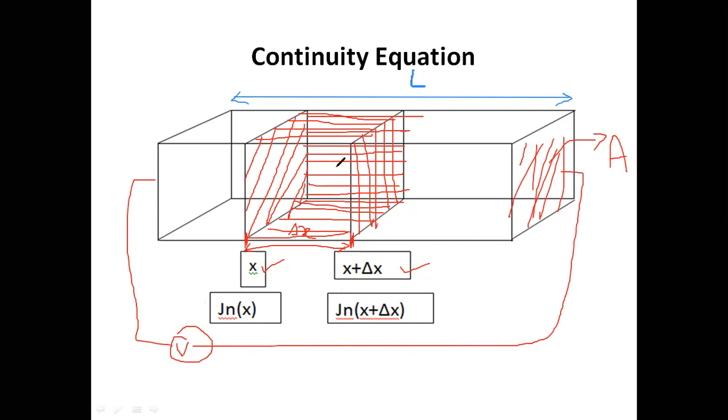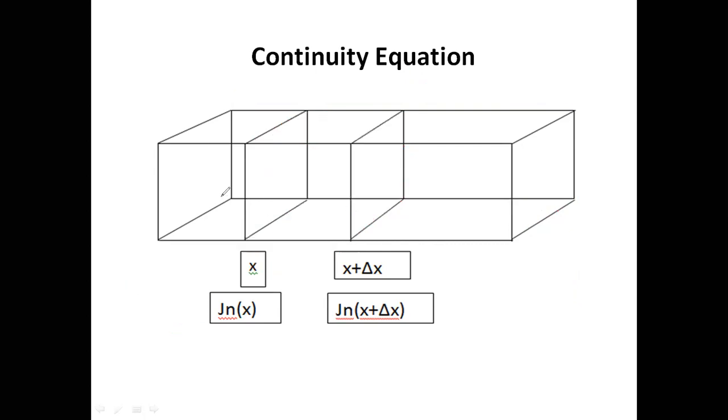So now the electrons will move inside the box. What I want to know is the number of electrons increasing with respect to time in this box. Now let us suppose the electrons are moving here.